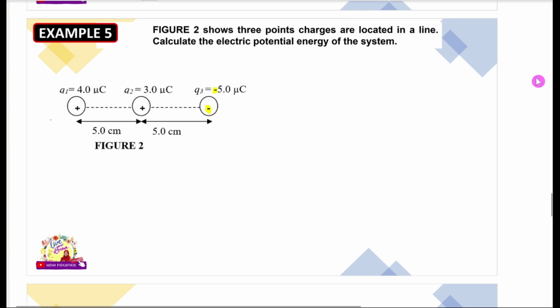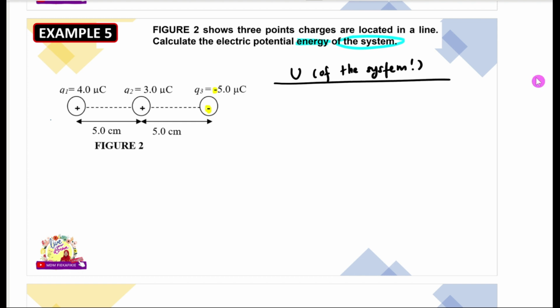So we want to calculate U of the system means that U equal to U between 1 and 2 plus U between 1 and 3, plus U between 2 and 3. Dia macam tu kalau sebut energy of the system.